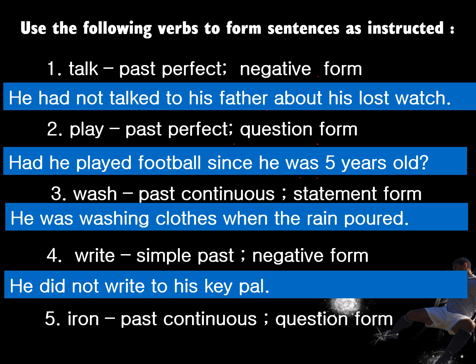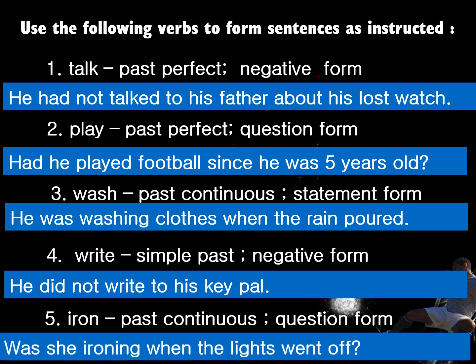If it is a question, we just transpose, or put at the beginning, the helping verb was or were followed by the subject. So let us try now. Was she ironing when the lights went off? See, was ironing is the past continuous, but since it is a question, we interchange the position of the subject and the helping verb.